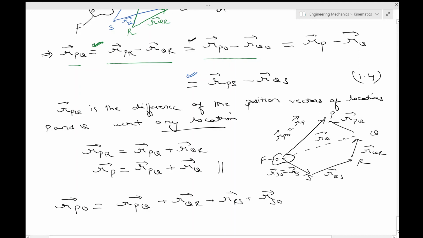So basically this plus this plus this plus this is equal to this. So this is the chain rule of position vectors, and this can be called 1.5.